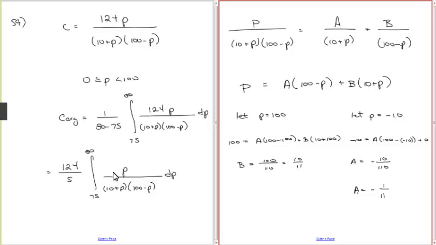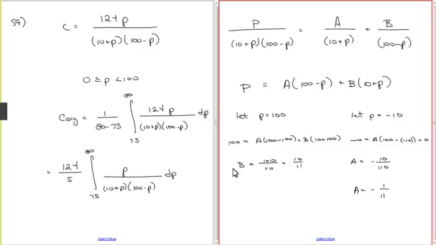We used partial fraction decomposition to make this fraction here into these two separate fractions. We had to find constants A and B, so we multiplied A times this denominator plus B times that denominator because they're just two distinct linear factors. And then we let P go to 100, so this would go to 0.